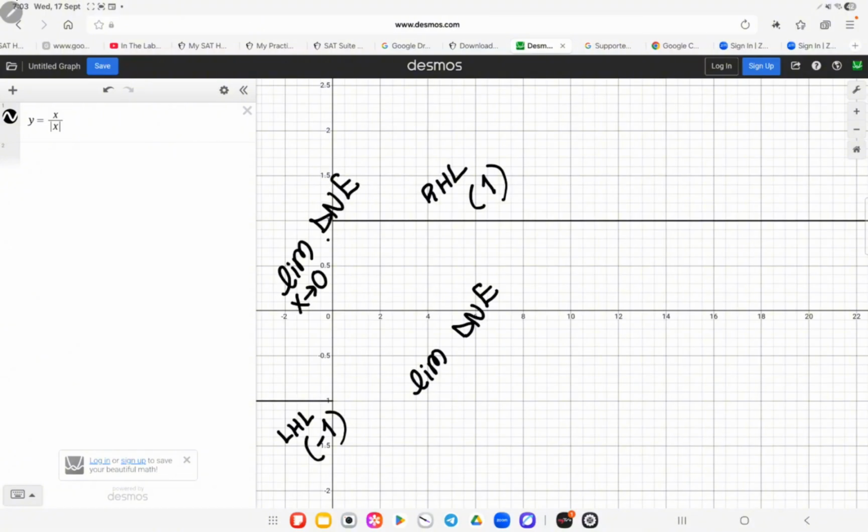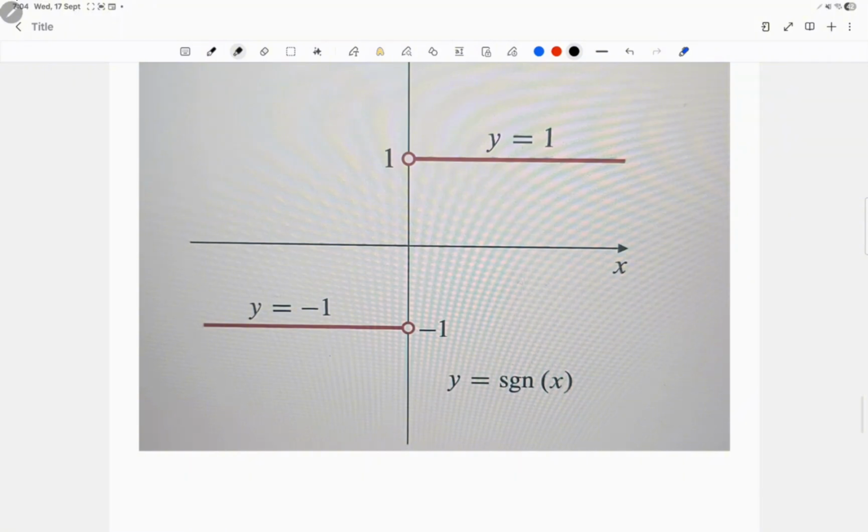Sir, what does LHL stand for? Left hand limit versus right hand limit. How would this appear in the exam? This is how it's going to look in the exam. They're going to have a hole, which we saw in Desmos, it was undefined. And also, they don't touch.